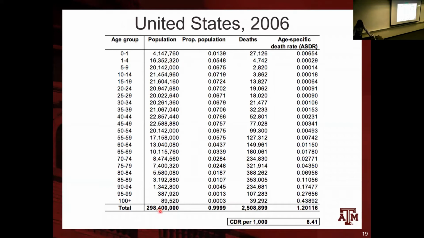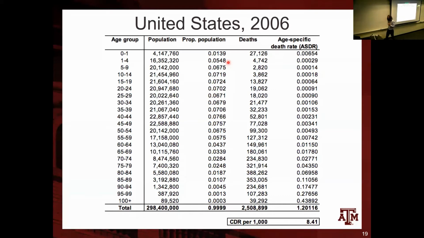16 million divided by 298 is 0.0548. If I wanted to have this proportion of the population as a percentage, I would simply multiply this by 100. So I would have 1.39%, 5.48%, 6.75%.